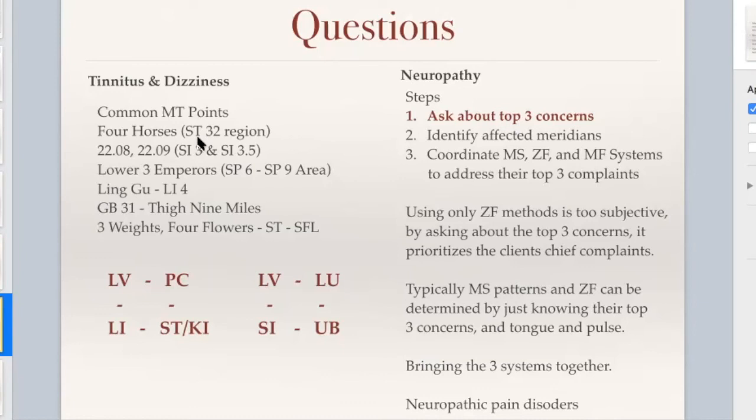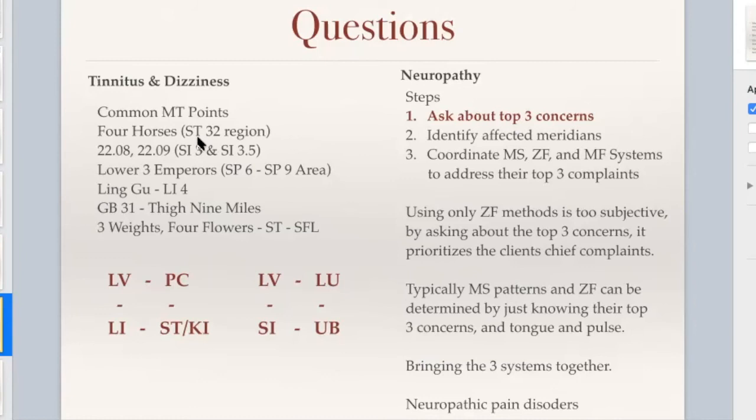And if you get fluent in Zong Fu and meridian systems, global balance method, and the myofascial lines, guess what? You can ask people their top 3 concerns, go through it real quickly, and say, okay, boom, what they're describing is that.